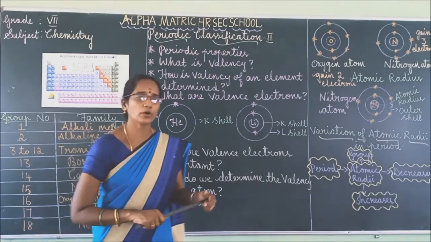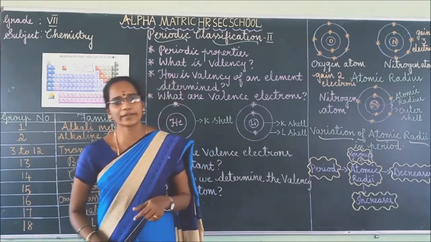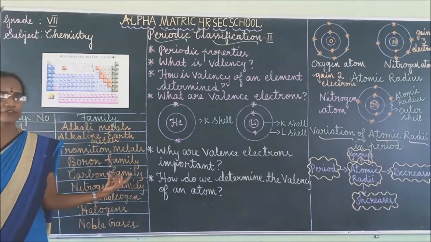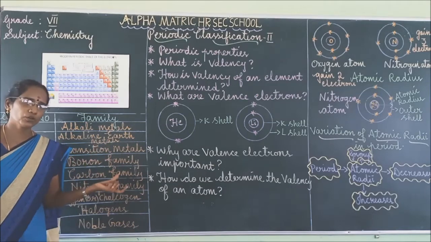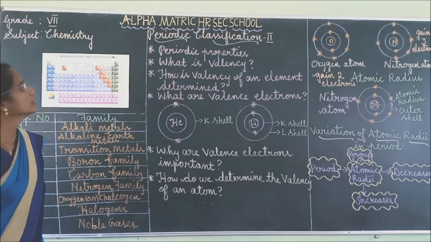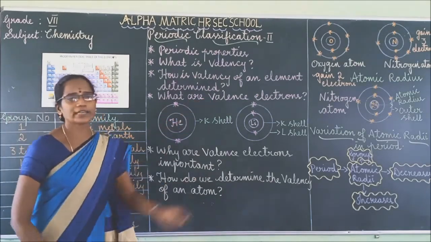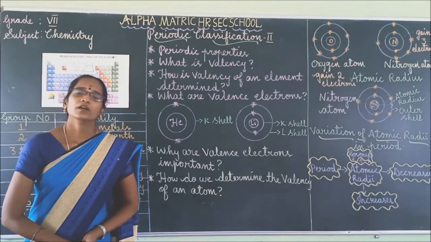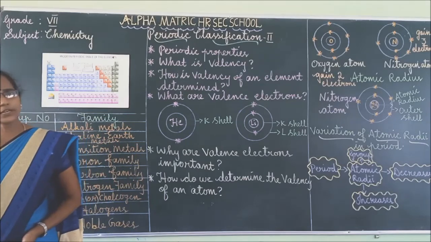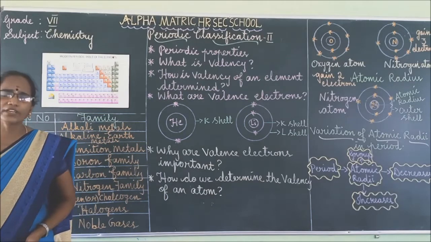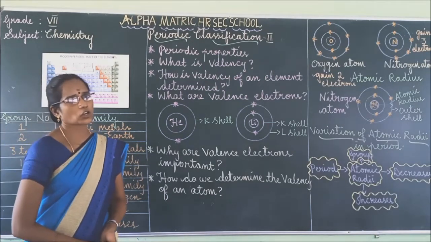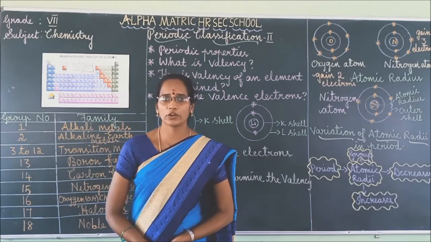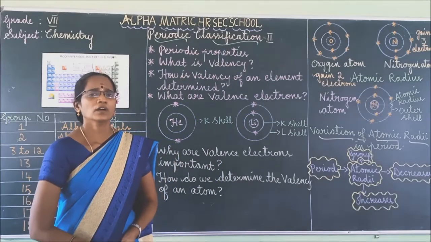Next you should know about what you mean by metals, non-metals and metalloids. Also you should learn about the various families. Okay. Shall we move to the next one? Right. So next we can go to periodic properties. What do you mean by periodic? Anything which repeats itself after a regular interval is called periodic, and this behavior is known as periodicity, right?